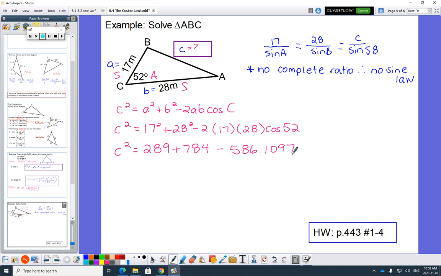I'm going to choose 4 decimal places. It doesn't really matter. So 289 plus 784 minus 586.1097 is 486.8903.